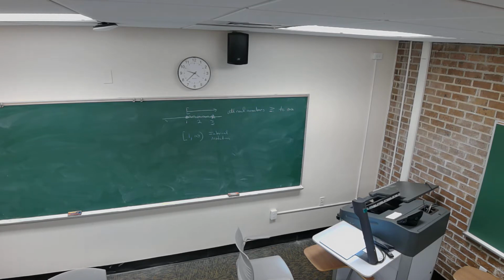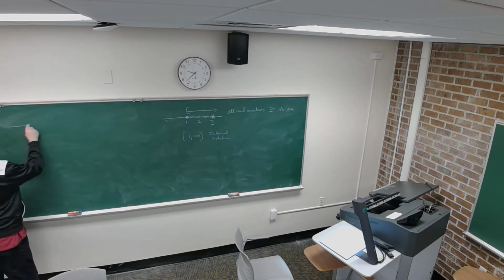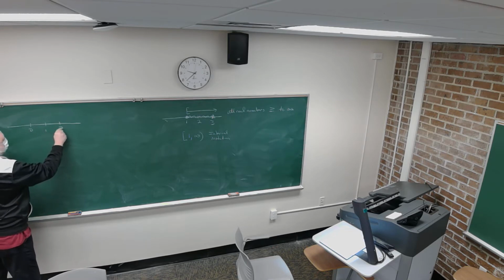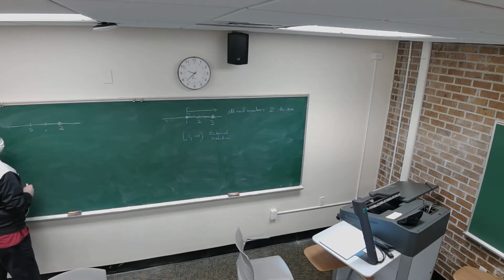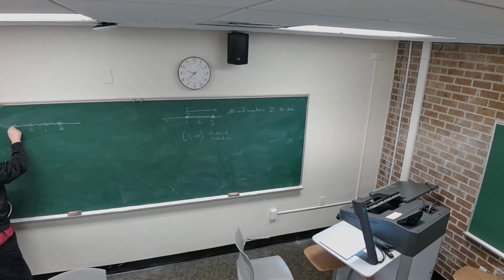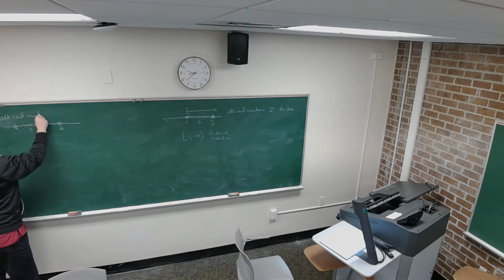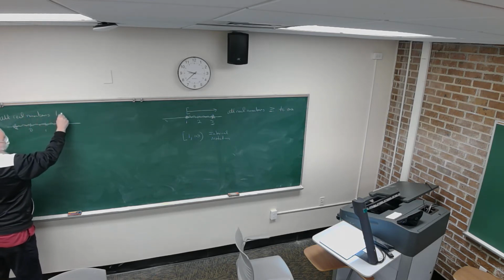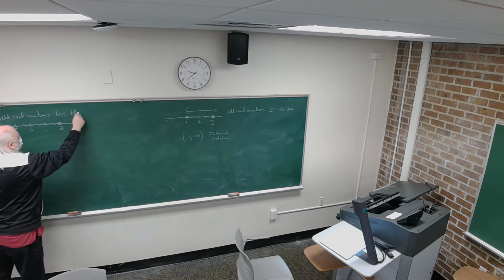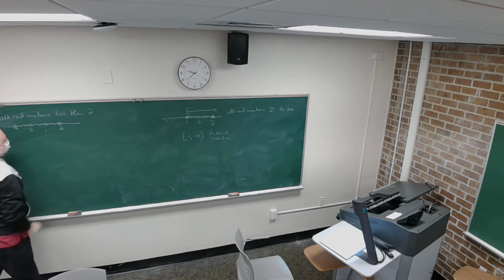So then in the sixth example, we have all real numbers less than 2 in our set. So we have an open circle on 2, and everything shaded to the left. This is strictly less than 2.